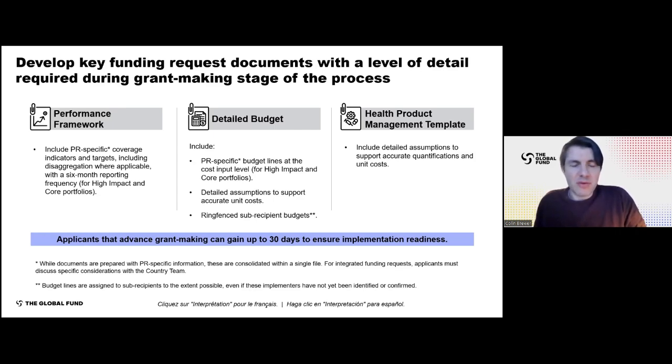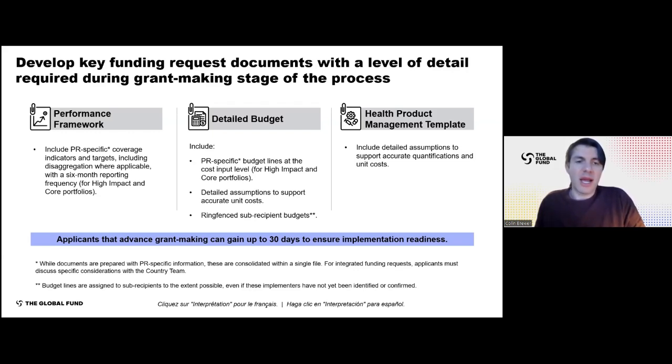For the detailed budget, this would mean providing PR-specific budget lines, which have already been budgeted at the cost input level. Again, that cost input requirement applies for high impact and core portfolios. Detailed assumptions to support accurate unit costs are recommended to be included.